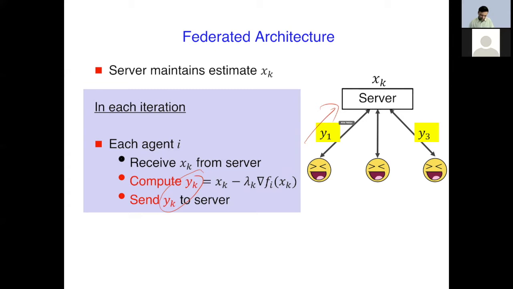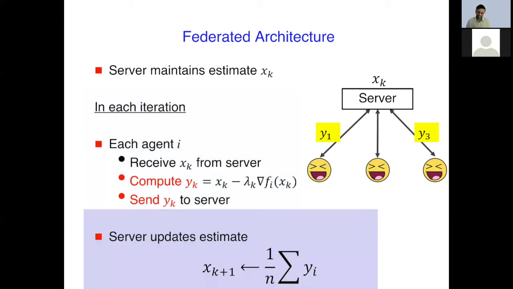In this manner, the server will receive y1 from agent 1, y2 from agent 2, and y3 from agent 3, or however many agents you have in the system. Now these y1, y2, y3 are not going to be identical, because each agent is using its own gradient. So the server combines these y values. In this case, it computes x_{k+1} equal to 1 over n times the average of these different y values.